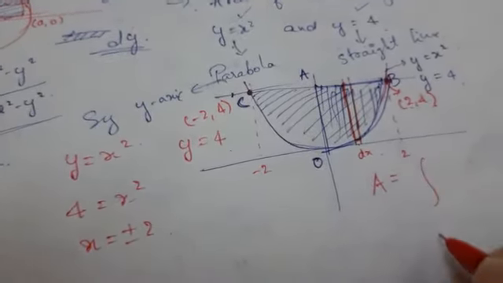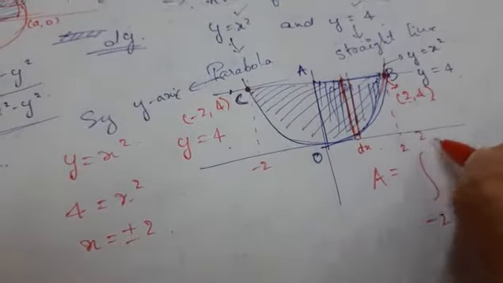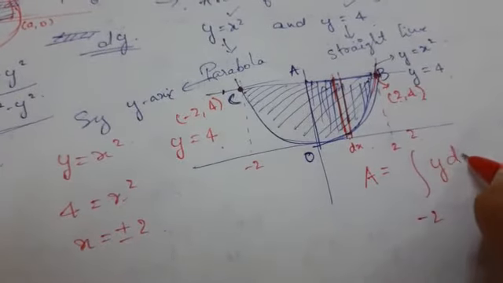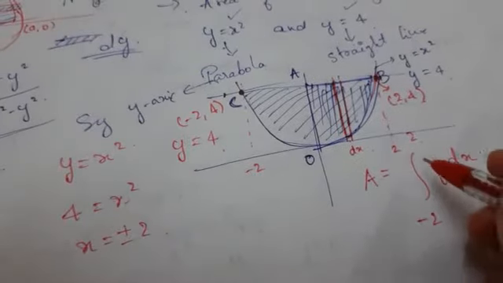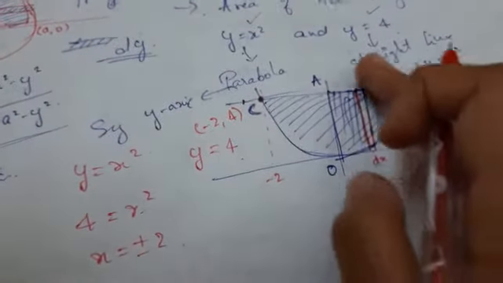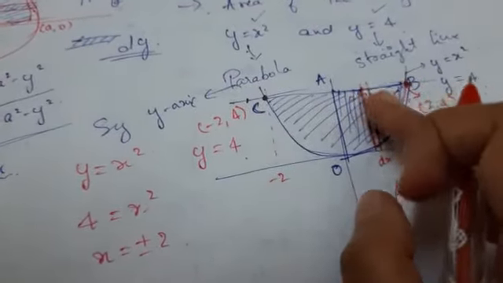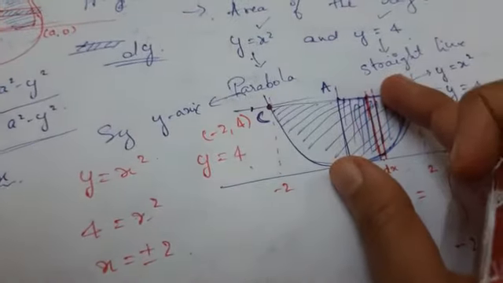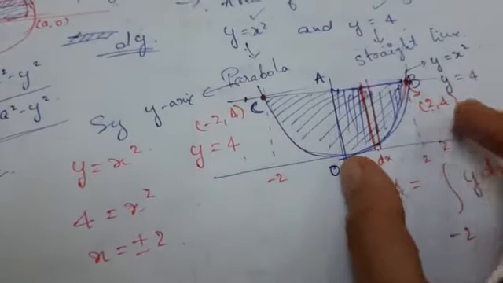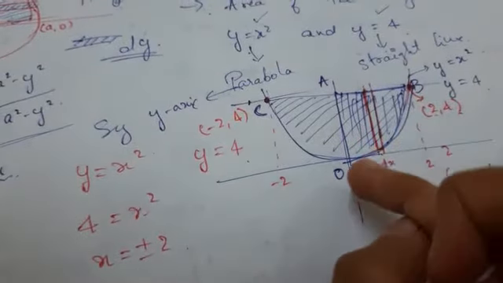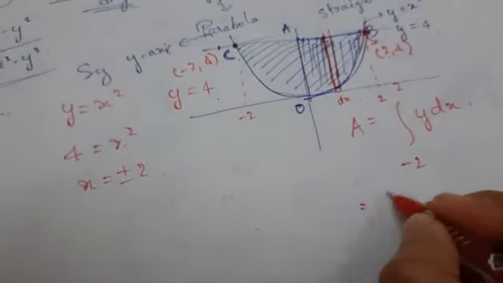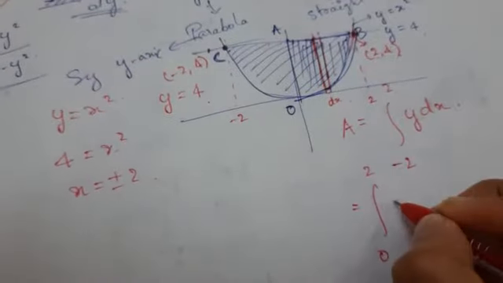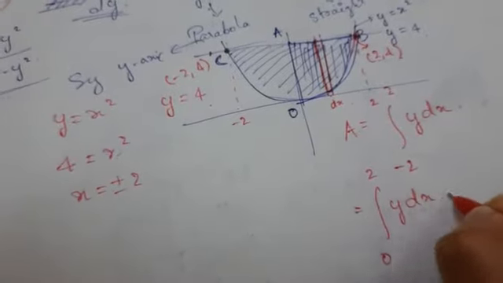So we integrate from minus 2 to 2, y dx. As I said, since it is symmetric, if I find the area of this one and multiply by 2, we get the same thing. If I consider only this area, it varies from 0 to 2. So we integrate from 0 to 2, y dx.